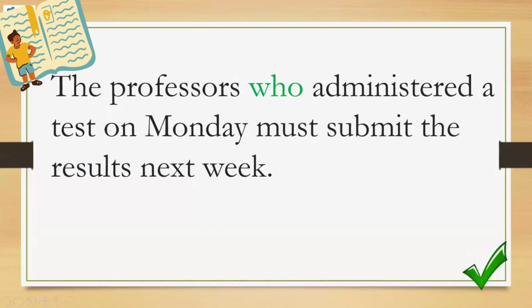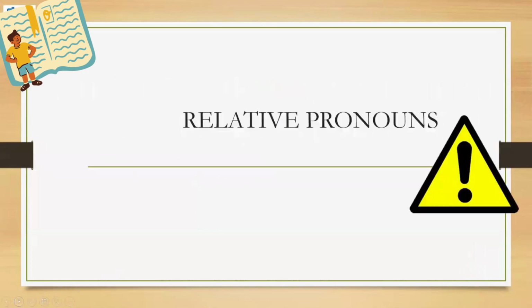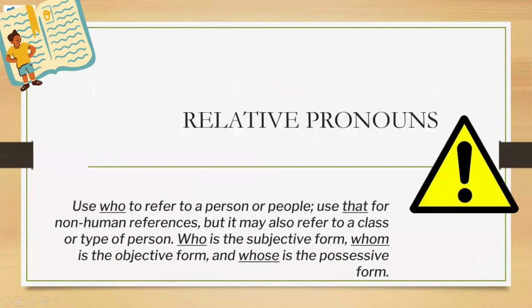Now, let us just recap that relative pronouns like who, that, whom, whose must be used properly before a noun. Who is used to refer to a person or people.